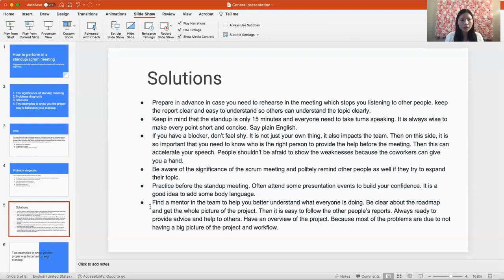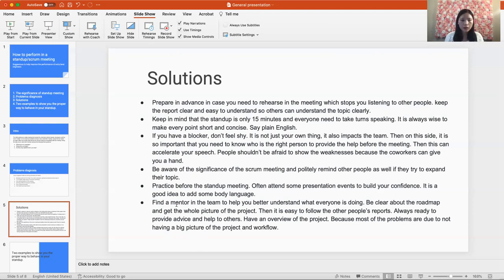Okay. For the last problem, also the most important one, I think a lot of people may not realize these things before. As I said, you need to have a big picture of the project, all the workflows and the business logic.